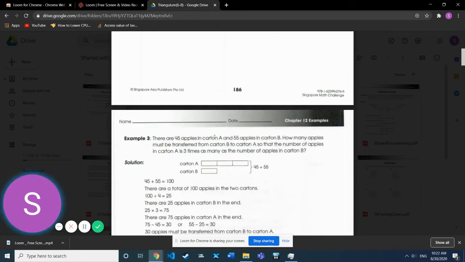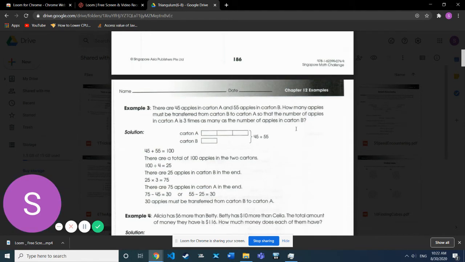There are 45 apples in carton A and 55 apples in carton B. How many apples must be transferred from B to A so that the number of apples in A is three times as many as in carton B? So, 45 apples in carton A, 55 in carton B, so the total is 100. You want to make sure that carton A has three times the amount of apples, so you can divide the apples into four groups represented by these rectangles.